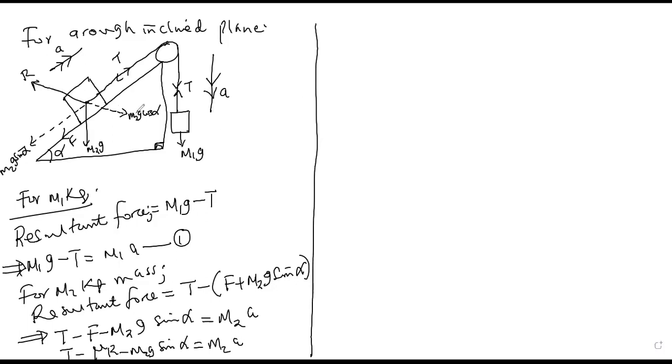So we shall substitute for R as m2g cos alpha, implying that my equation will be T minus mu m2g cos alpha minus m2g sine alpha is equal to m2a. Call this one my equation 2.